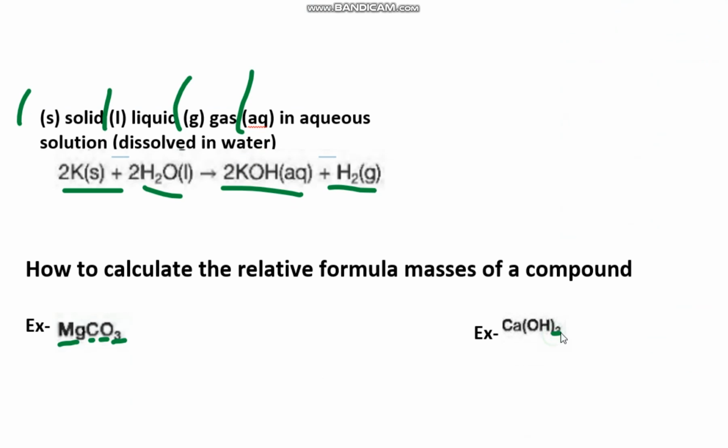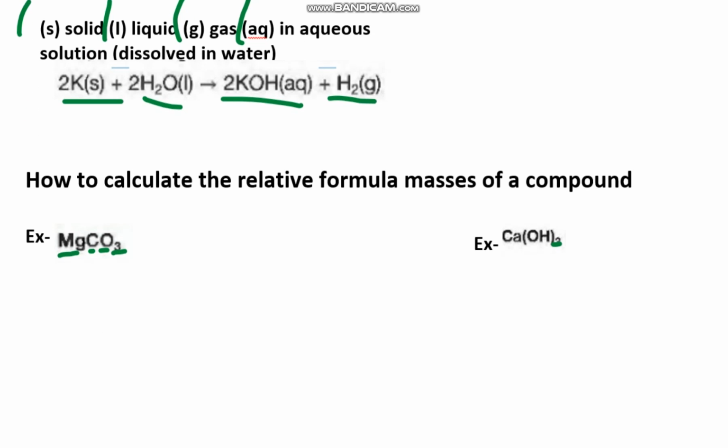We should add this also, like the relative atomic mass of oxygen is 16, so you have to multiply 16 by 3. So we have to do like this, 24, which is the relative atomic mass of magnesium, plus 12 plus bracket all the way here, and then we have 16. As 3 is written here, we have to multiply 16 by 3.